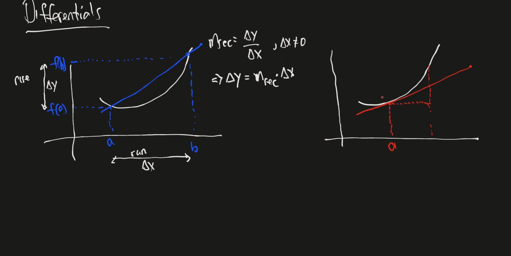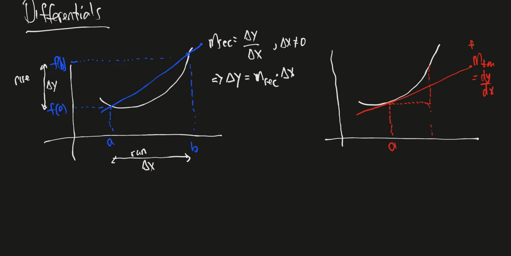But then if I wanted to write down something for the slope of the tangent line, we know what the slope of the tangent line is. That's the derivative. So I can actually say that this is dy over dx, right? But it's also our f prime, right?